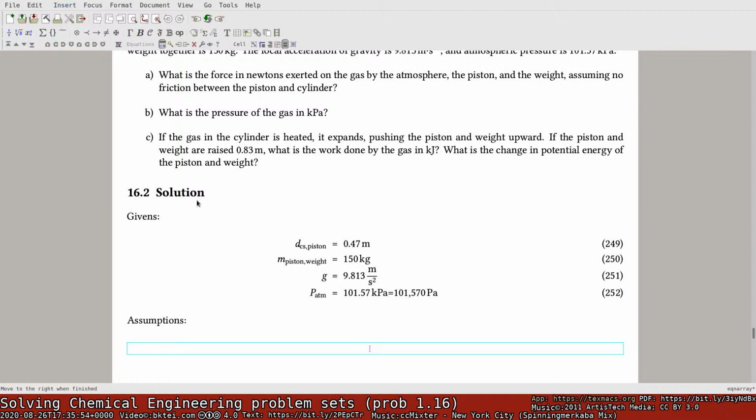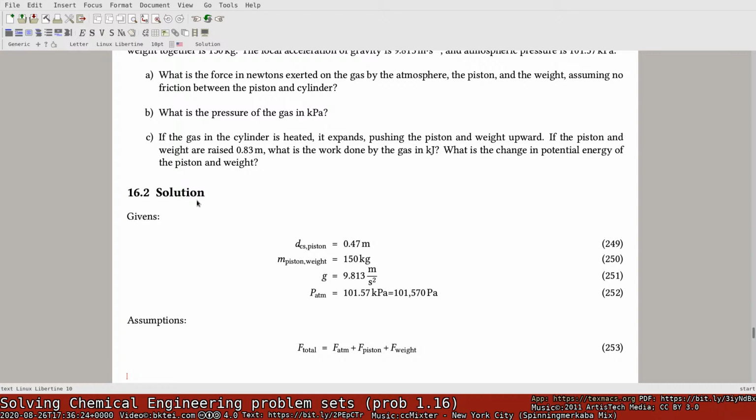Another one of our simple equations. The force total acting on the piston is equal to the sum of several forces. First force that's listed in the prompt is atmosphere, so force of the atmosphere. Next force is force of the piston, and next force is that of the weight. So part A is to find this total force.